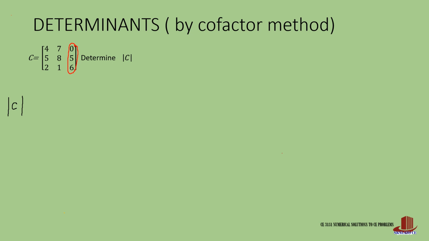So let's start. With the cofactor method, we would have to start off by placing our signs. And let's proceed. Taking the first element of the third column, that would be 0, we would have to multiply our cofactors.